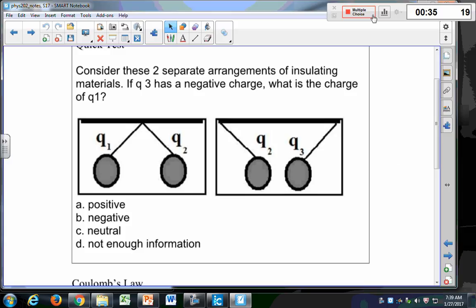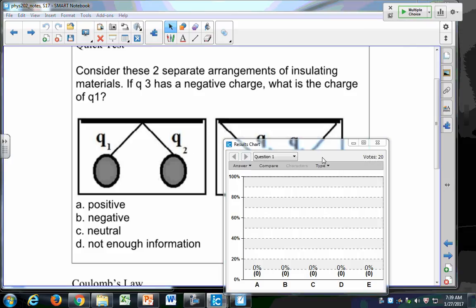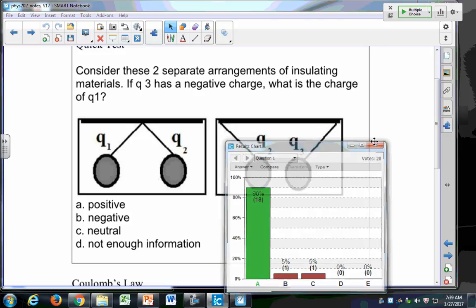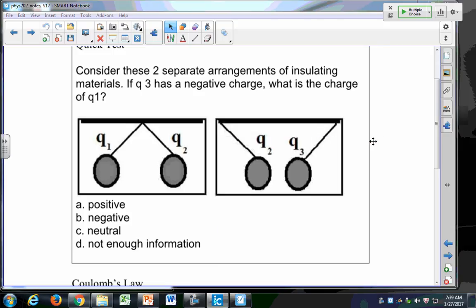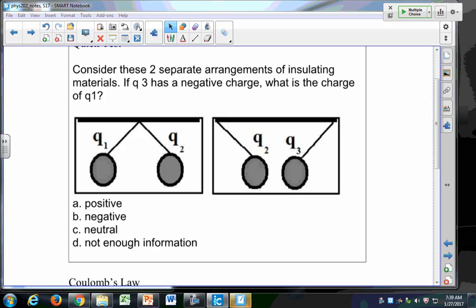All right, I'm going to stop at 40. Okay, I think that's right. Let's double check. So Q3 is negative. Yeah, that's right. So if this is negative right here, that means this has to be positive. So if this is positive, then that is also positive.